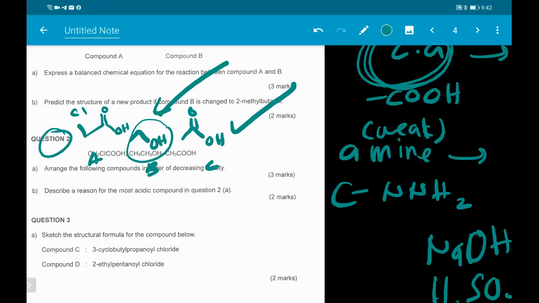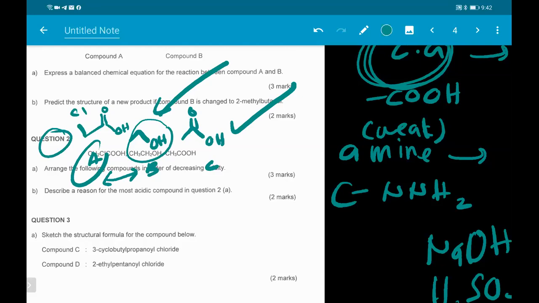Same goes like this one. Kalau kita tengok A compare with B, between A dengan B, yang mana lebih kuat acid dia? Okay, A. The reason why, because A is a strong carboxylic acid.